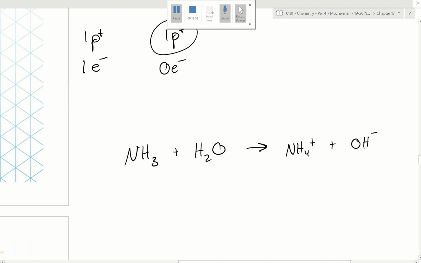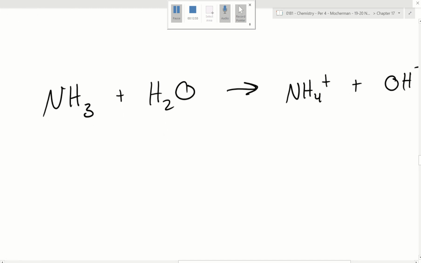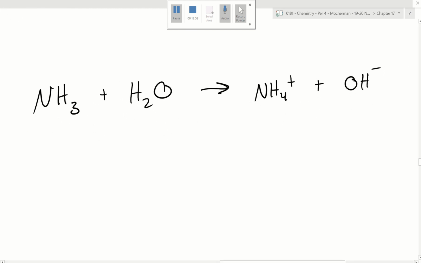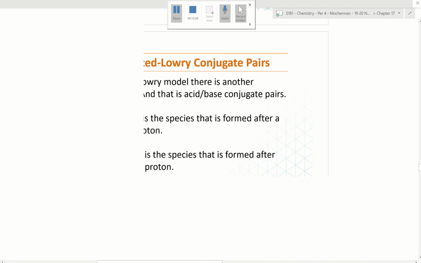In this one, it's kind of hard to see without looking at the whole equation who the acid and base is. If we look closely, we see that the water donates a hydrogen, an H+, to the ammonia. That makes water, in this case, the Bronsted-Lowry acid, and ammonia the base, because it accepted the proton. H+ was transferred, which is basically just a proton. All right, so that's the Bronsted-Lowry definition of acids and bases.